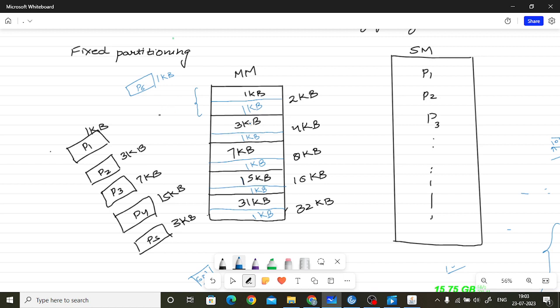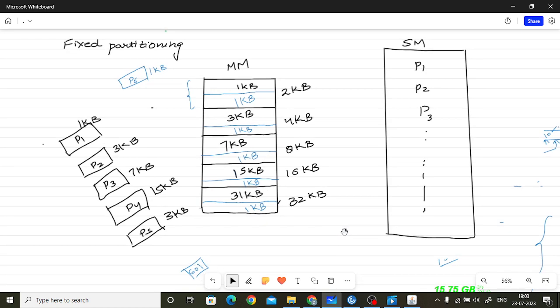and we have an available space of, let's say, 1 2 3 4 5 KB in the memory, and we cannot accommodate the 1 KB process. So it's a kind of internal fragmentation. Okay, what is internal fragmentation?